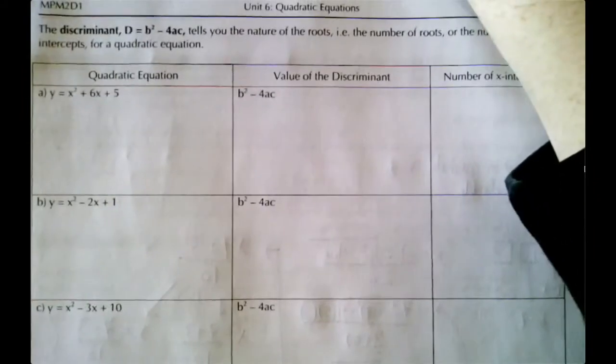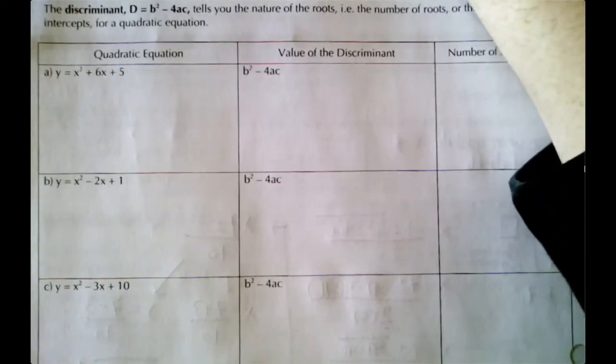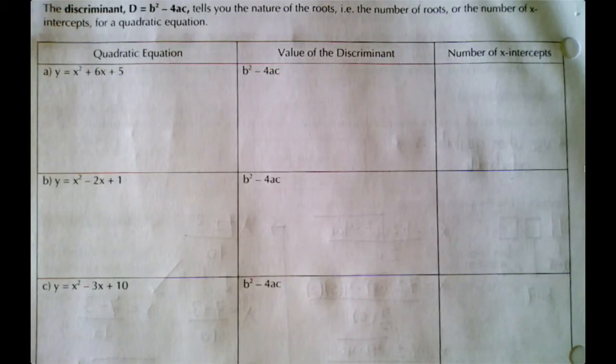So I said earlier in the lesson that we could have 1, 2, or 0 x-intercepts, and that's because of the discriminant. The discriminant is that part underneath the square root. And I'm going to show you how that plays in. We're going to figure out what the discriminant is first, and then I'm going to show you how that impacts the quadratic equation.